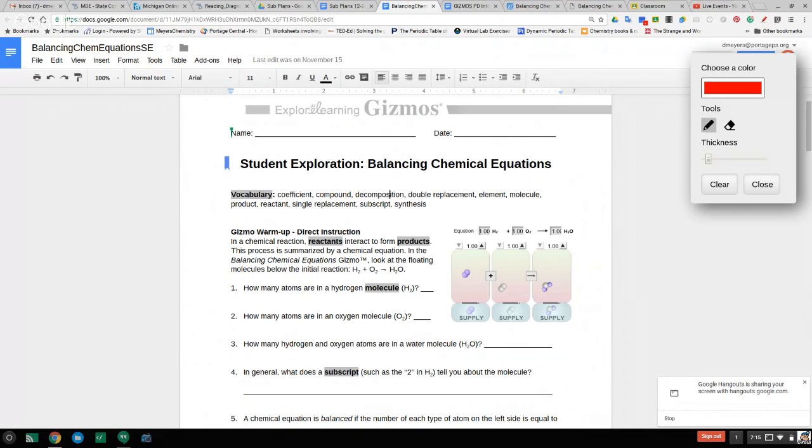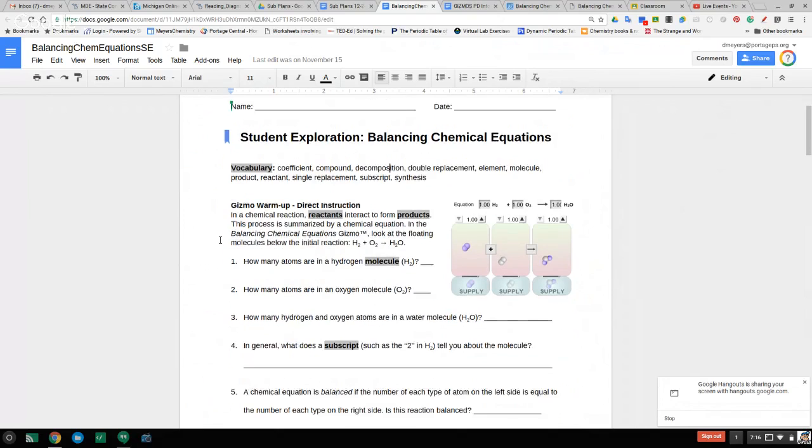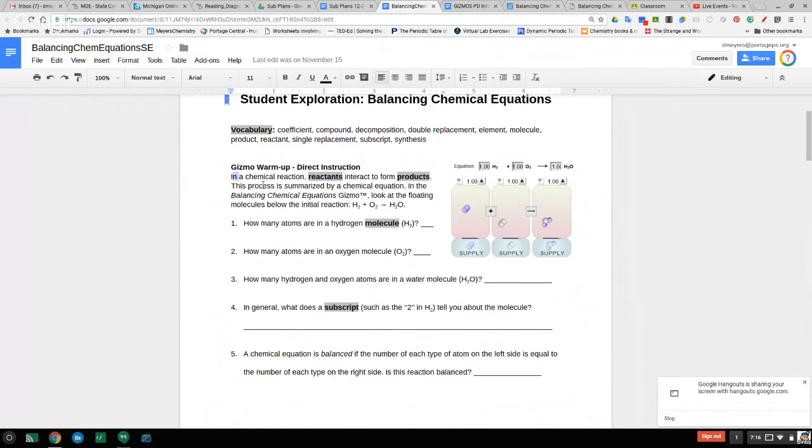All right, so then the Gizmos warm-up that I was going to do with you. It says here in a chemical reaction, reactants, which are our starting materials, those interact to form products. Remember, reactants react to yield or form or produce products. This process is summarized by a chemical equation.